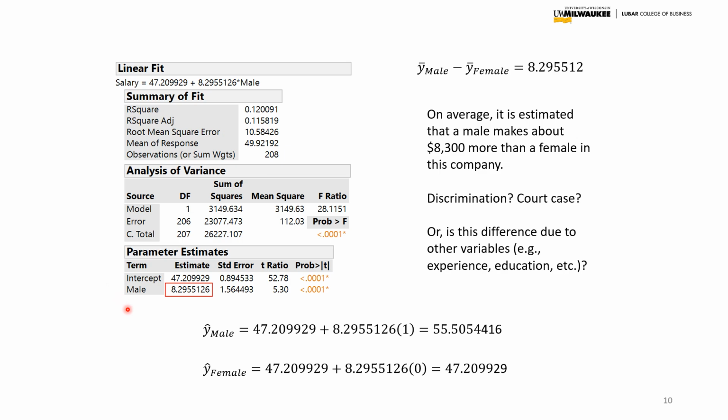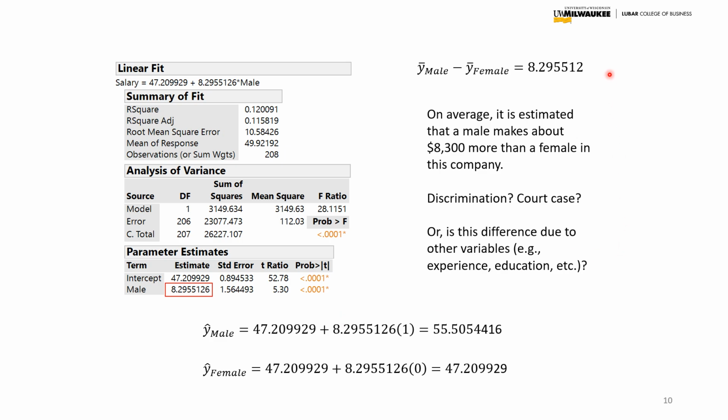So if we want to make predictions of the salaries for males versus females, we simply substitute in the 1 and 0, and we see the values of 55.505 and 47.209. I want you to recognize these are the y-bar values that we had on an earlier slide, and the difference between these two values is 8.2955, which was what we found when we took the difference of the averages.